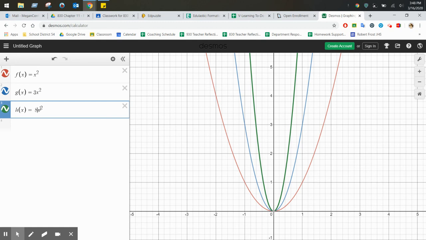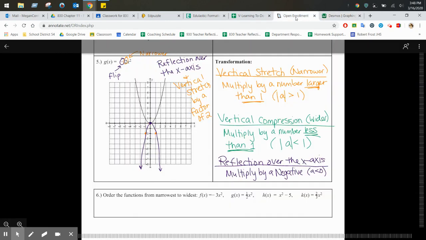Closer to 0, the wider it's going to be. Farther from 0, the narrower it's going to be. So if I'm looking for narrowest to widest, narrowest would be the largest a value, and widest would be the smallest a value.